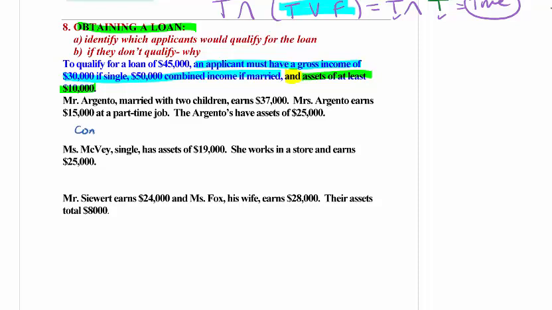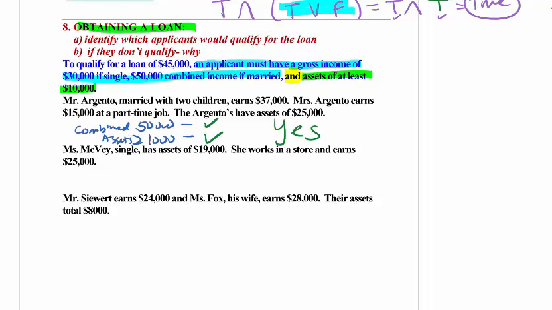Remember, she needs combined $50,000 and assets of at least $10,000. So that's what we're checking. She earned $37,000, and he earned $15,000. So 37 plus the 15 would give me 52. So that would work. And they have assets $25,000, so that works. So my answer is yes, they would qualify.